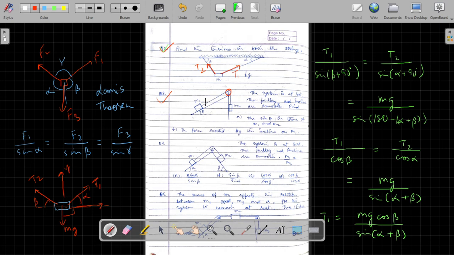The job of the pulley is to keep this string in this particular shape and keep the things moving if they were to move. We are given that the system is at rest, so nothing is moving. You have to find sine theta in terms of m1 and m2, and what is the force exerted by the incline on block m1.